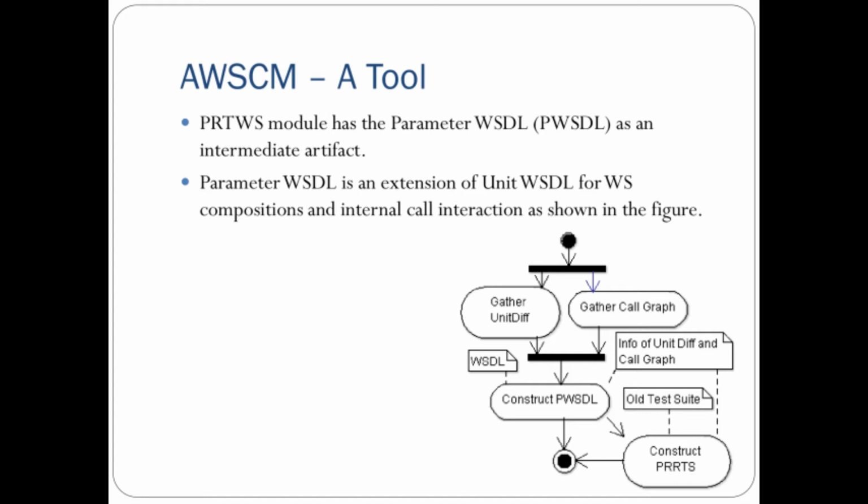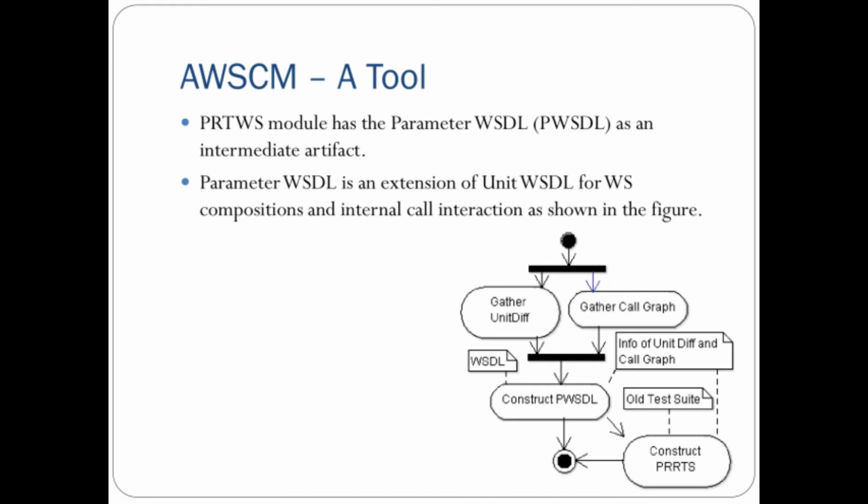All these graphs are plotted automatically, and they are used together with the differences gathered with the unit diff. The old WSDLs are used to construct this parameter WSDL, and this unit difference and call graph difference are used to construct the parameter WSDL, and thus the parameter WSDL is a kind of extension of the unit WSDL.